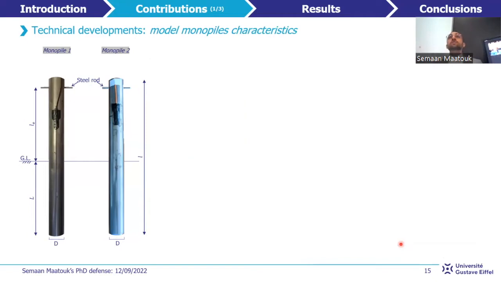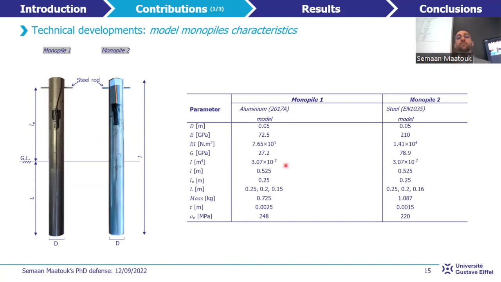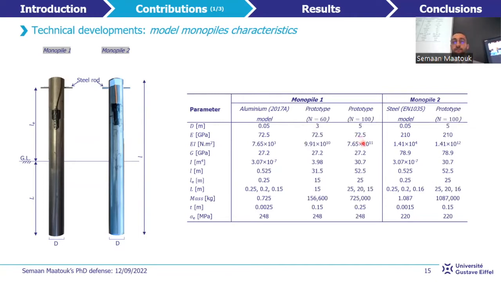In the study, 2 model monopiles are used. They have exactly the same external diameter of 50 millimeters and a total length L of about 10 times the monopile diameter. In this table are shown the monopiles in the models, both in the model scale and in the corresponding prototype scale.